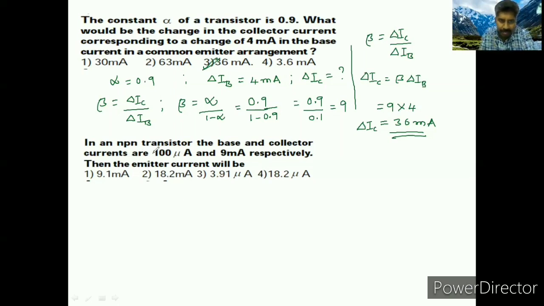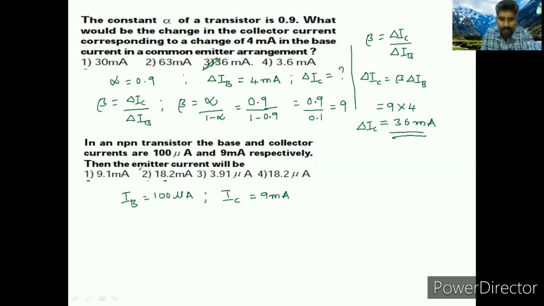In an NPN transistor, the base and collector currents are given. The base current is 100 microamps and the collector current is 9 milliamps.